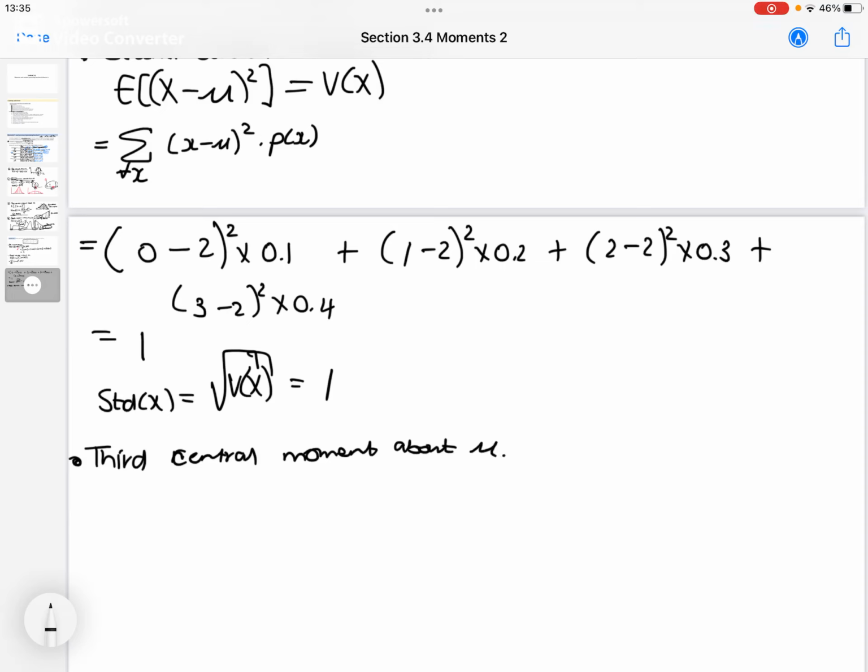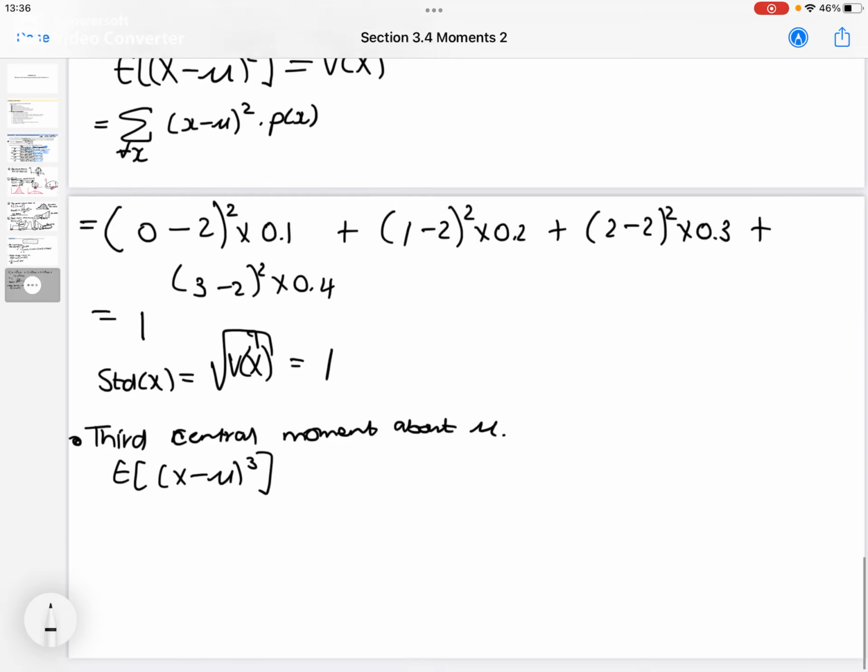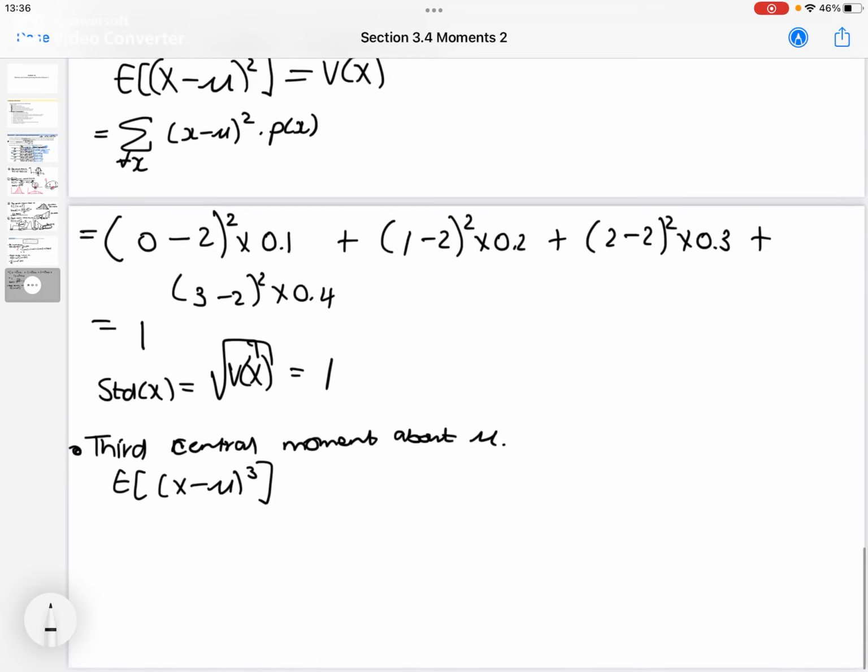So this third central moment about mu is defined as the expected value of (x minus mu) all cubed. And by definition, we calculate it as the sum over all possible values of (x minus mu) to the power 3 times the probability of x.